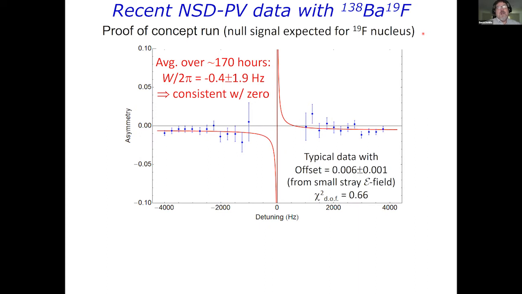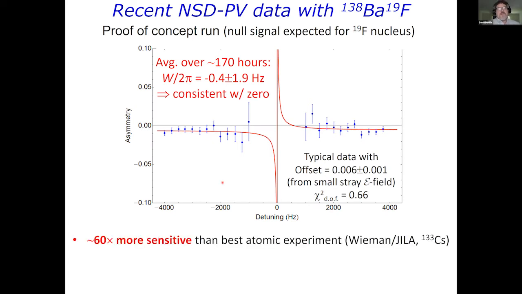So in the end, we were able to measure this matrix element with an uncertainty of about 2 hertz. It was consistent with 0. Here's a typical data run of the asymmetry versus detuning. And the red is a fit to this dispersion-like shape that would be expected.